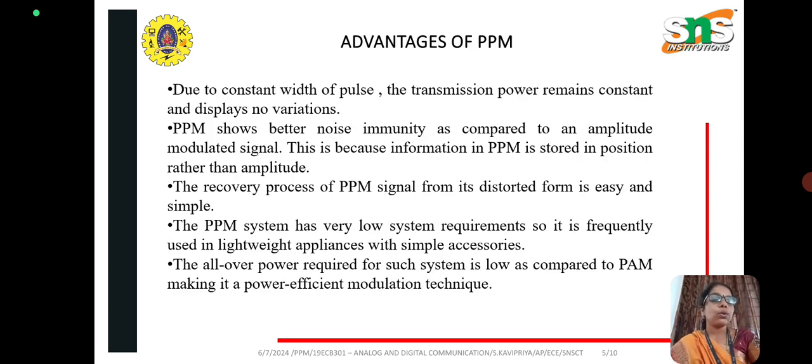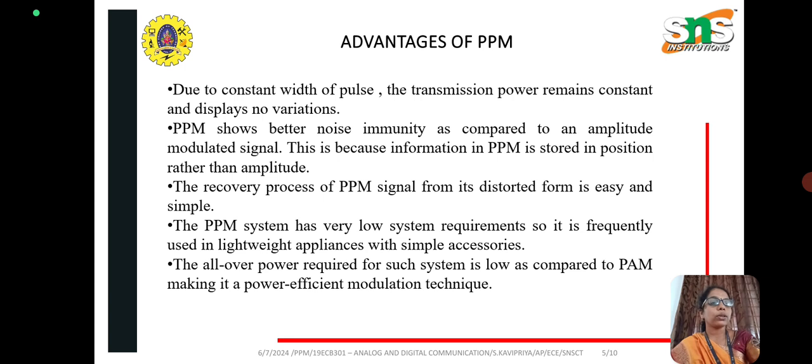And next, what are the advantages of pulse position modulation? Due to the constant width of the pulses, the transmission power remains constant and shows no variations. PPM shows better noise quality as compared to an amplitude modulated signal, because the information in PPM is stored in position rather than amplitude.